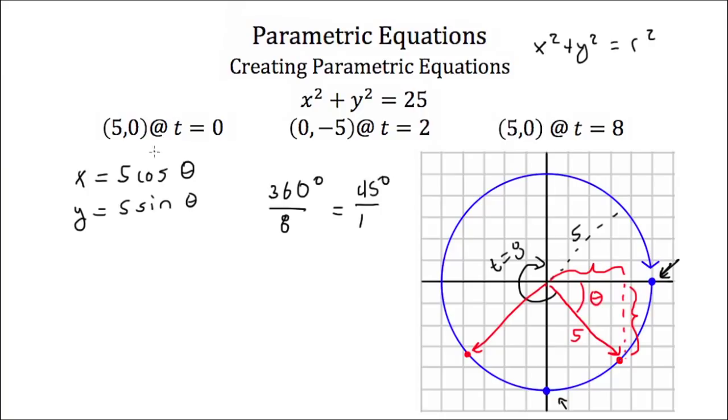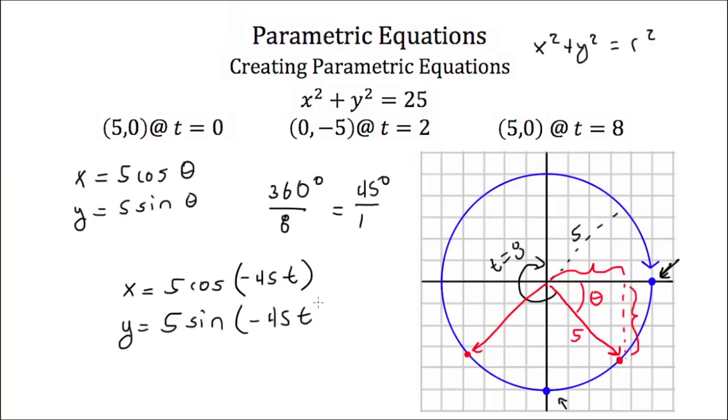So instead I'm going to change these equations. I'm going to say x is equal to 5 times the cosine of 45t. But notice that I'm going in the negative angle direction, so I'm going to make this a negative 45t. And then I'm going to do the same thing for y. Y is equal to 5 times the sine of negative 45t.